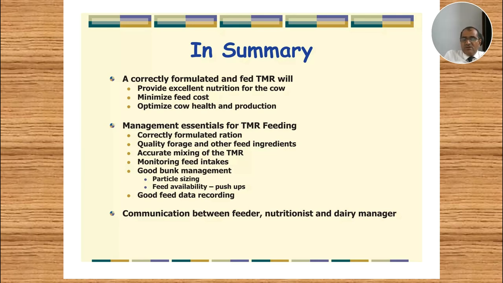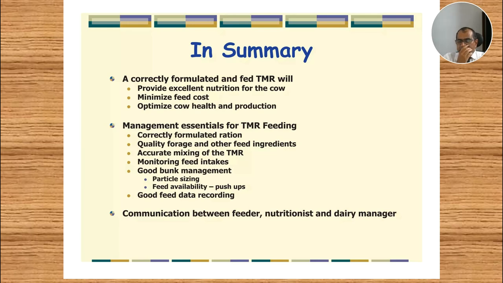Then there are some patterns to TMR feeding, and a correctly formulated ration has to be done. How to balance the wet matter, dry matter, the forage, and also the concentrate should be very carefully calculated from the actual milk yield of the animal, body weight, etc.